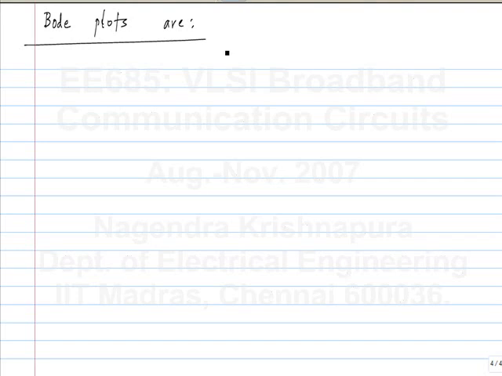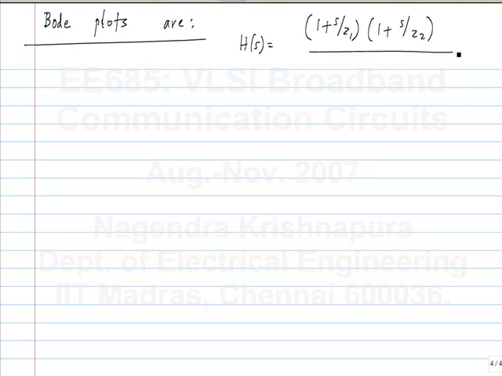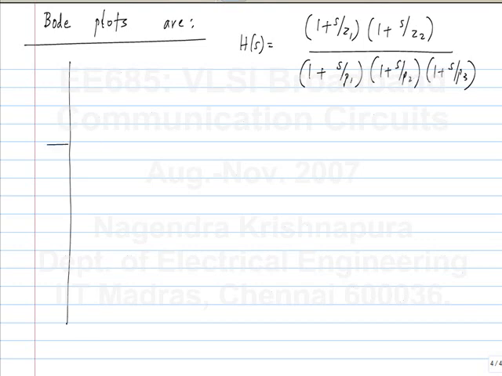Bode plot consists of straight line segment approximations to the actual frequency response. So, if your response contains, let's say, a number of real zeros and poles. So, let's say this is your system, and Z1 is smaller than Z2 and P1 smaller than P2, smaller than P3 and so on.